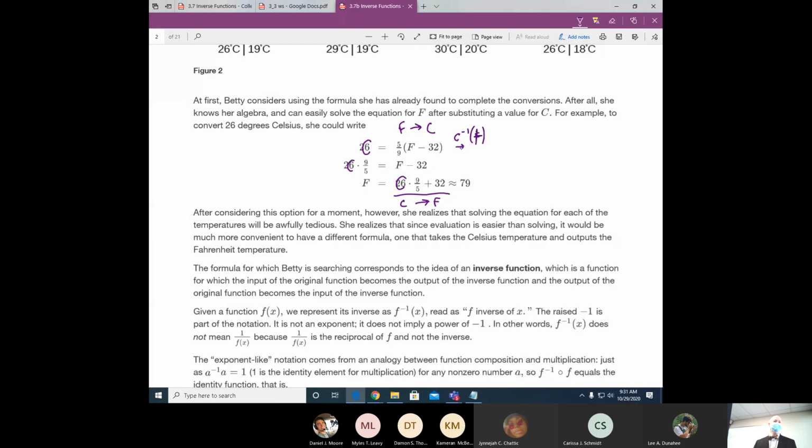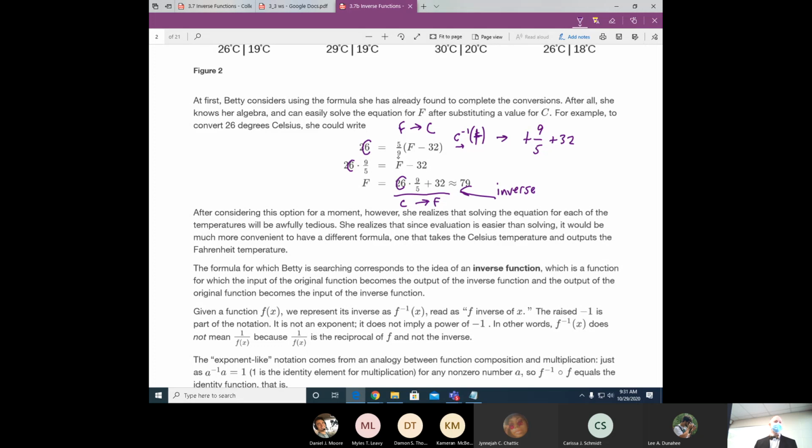Some temperature T. To get the inverse, that would be T times 9/5 plus 32. That's my inverse function. I'm unwrapping or returning, finding a way to get back to what my input was.